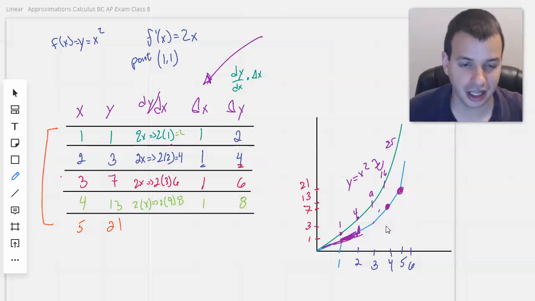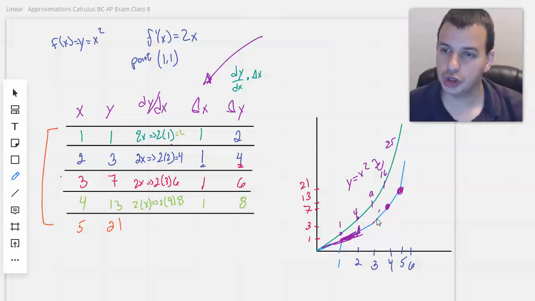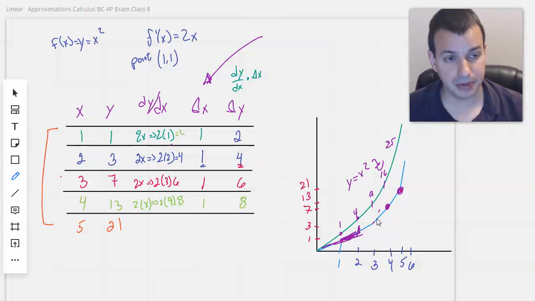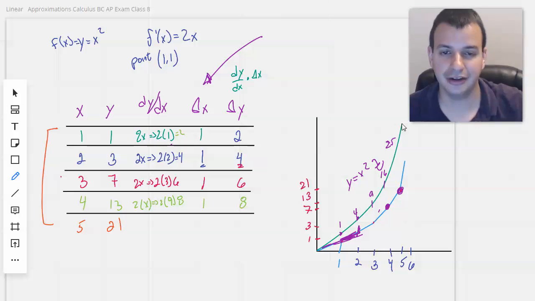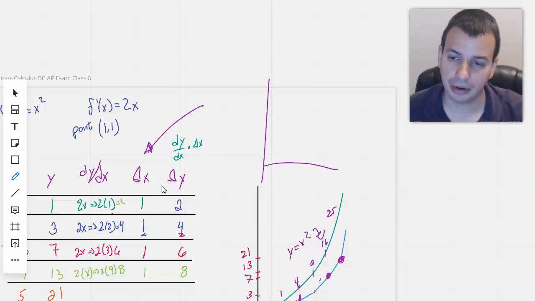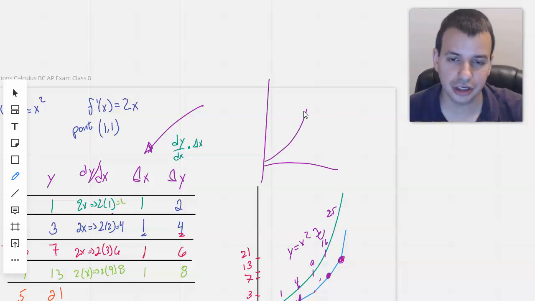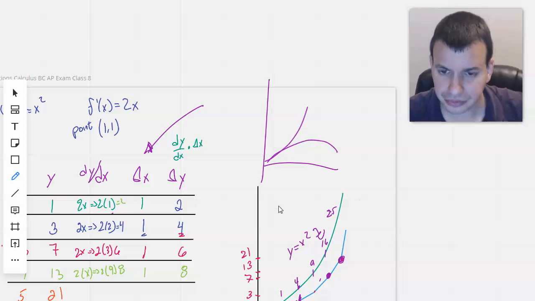I like to think, and it's usually best to think of it in terms of a graph. One of the challenges of thinking in terms of a graph is you really don't know what the graph is going to be until you start sketching it out. So usually when I draw graphs, I just say, well, it's going to be something kind of like this. But the problem here is you don't even necessarily know if it's going to be up or down, and that can throw you off.